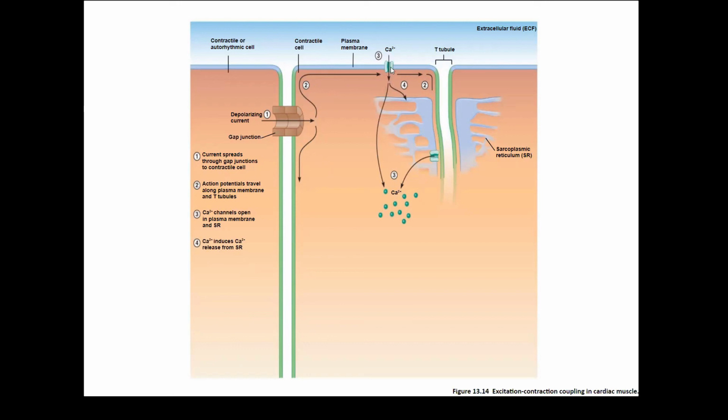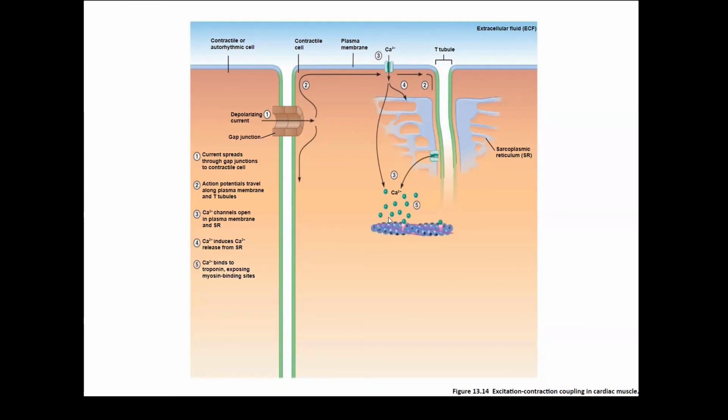It's also going to trigger calcium channels on the plasma membrane to open. So we have calcium flowing into the cell, and that was part of the electrical activity of the cell, but it's also part of why we see contraction here. So calcium does both.